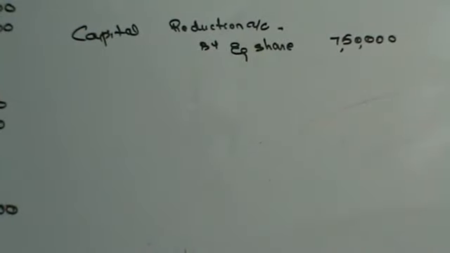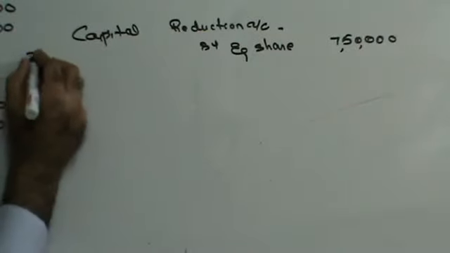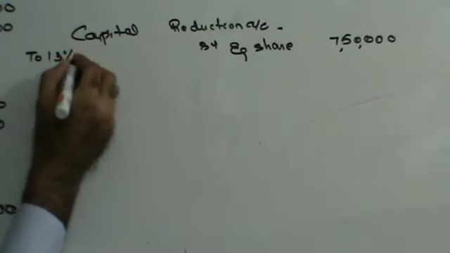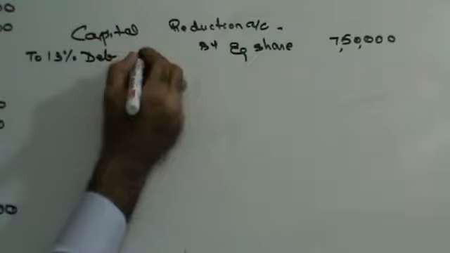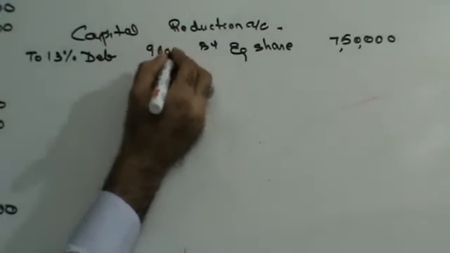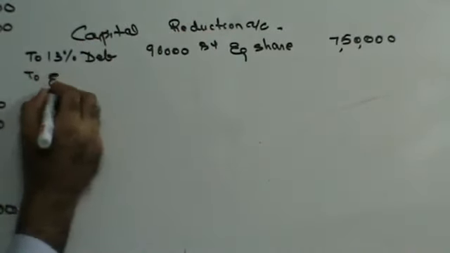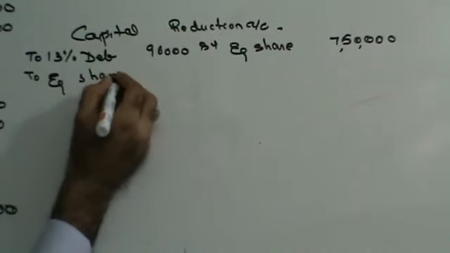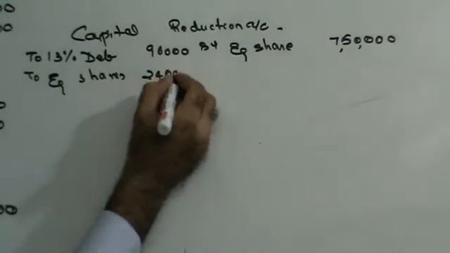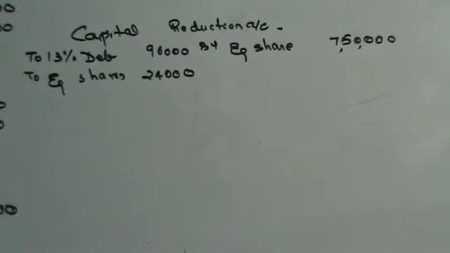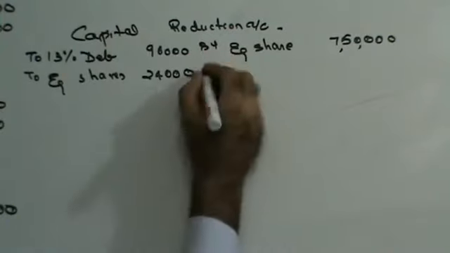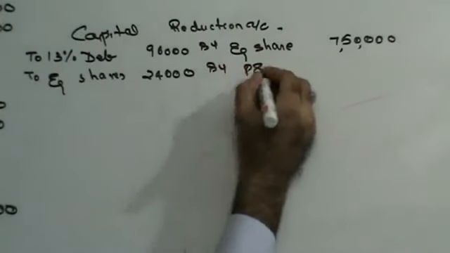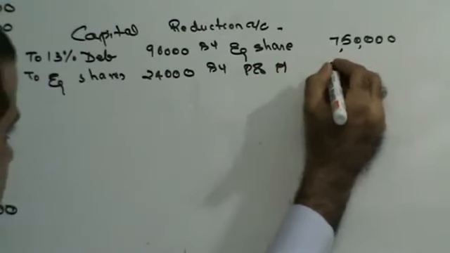No capital reduction. Straight away you have the entry on the debit side, which is to 13% debentures, which is 96,000, and to equity shares 24,000. Then you have capital reduction on the credit side by plant and machinery. Plant and machinery is 20,000.